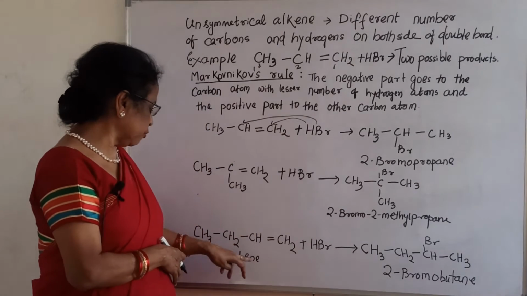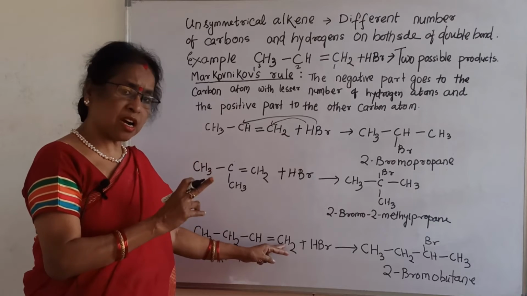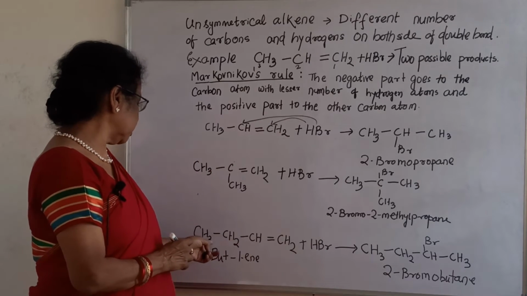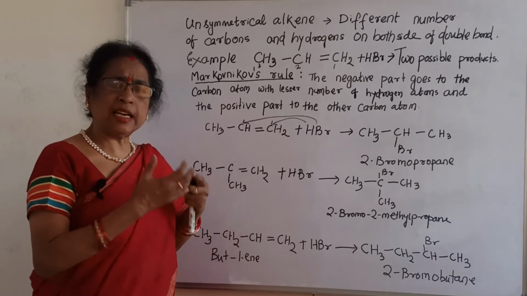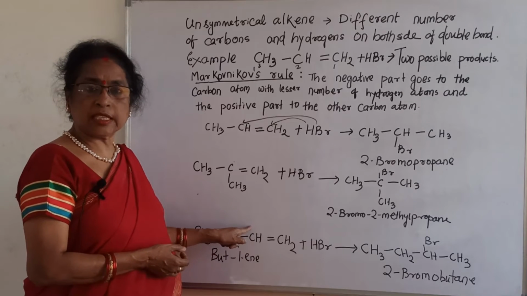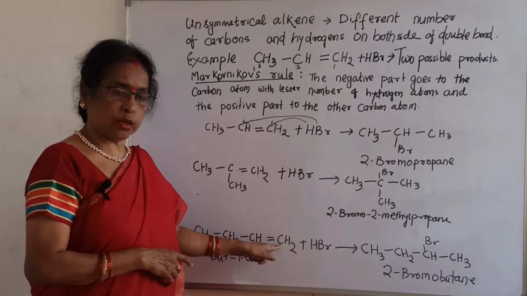Now here also, on the right side there is 1 carbon with 2 hydrogens and on the left side 3 carbons with 6 hydrogens. So which one has the lesser number of hydrogen atoms? This one, this CH, because CH has only 1 hydrogen and the other has 2 hydrogens.